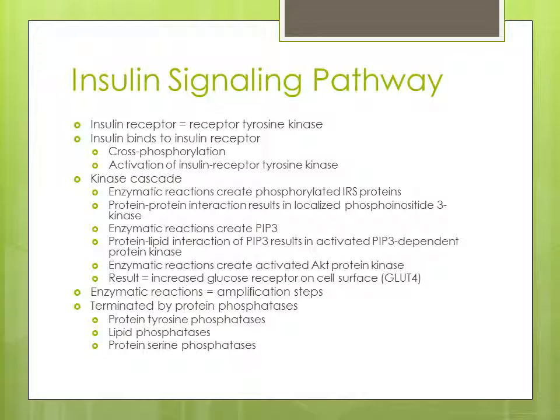Protein tyrosine phosphatases remove phosphoryl groups from tyrosine residues on the insulin receptor and the IRS adapter proteins. Lipid phosphatases hydrolyze PIP3 to PIP2, and protein serine phosphatases remove phosphoryl groups from activated protein kinases such as AKT.